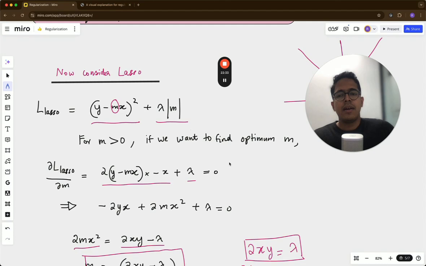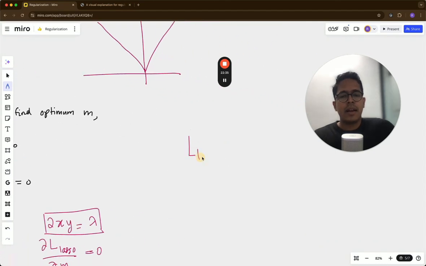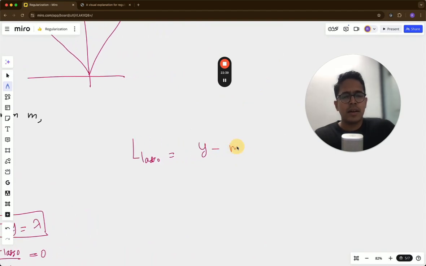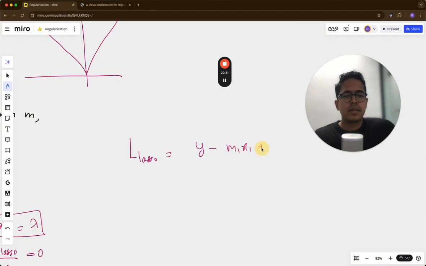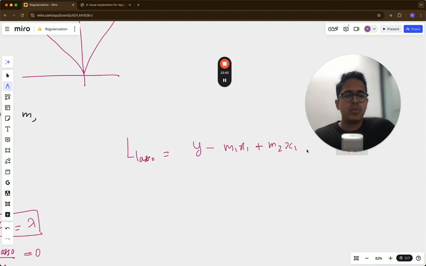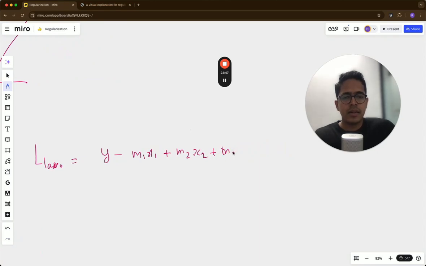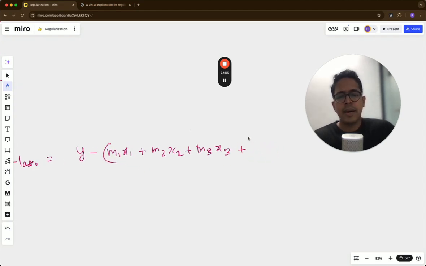You can write an equation like L equals y minus m1x1 plus m2x2 plus m3x3. So this is like 3 dimensions now, 3 features are there, plus maybe a bias term. Maybe we can keep the bias term as 0 for now.